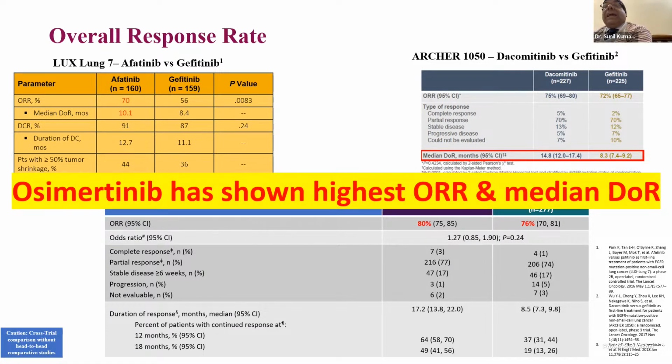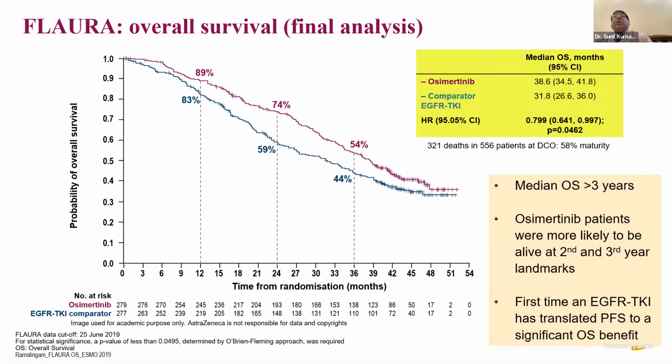So osimertinib has shown the highest overall response rate, and median duration of response is again 17.2 versus 8.5 months. Next slide, please. So in the FLAURA trial, if you see the overall survival final analysis, you can see the graph separated since the beginning, and there are 2-3 important things which I want to convey to you.